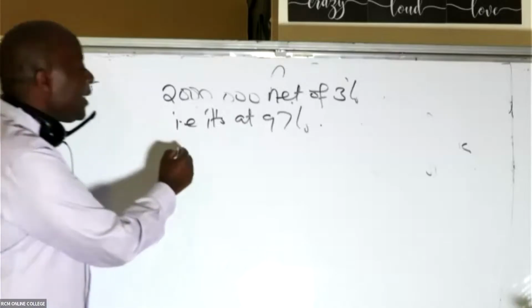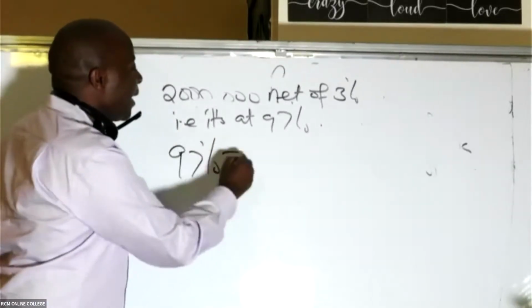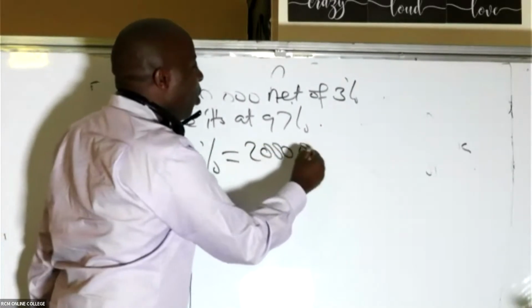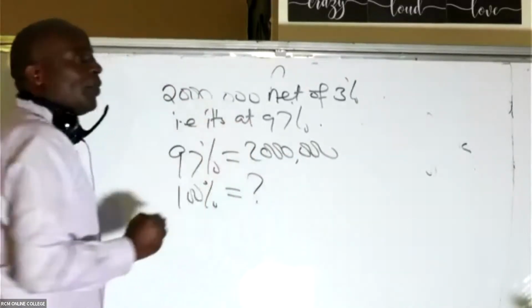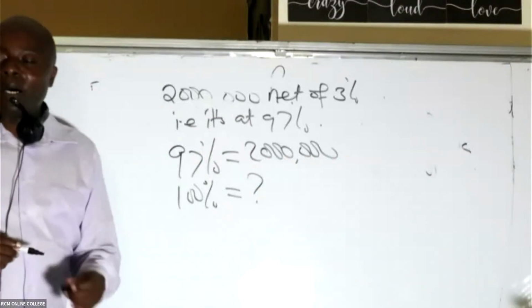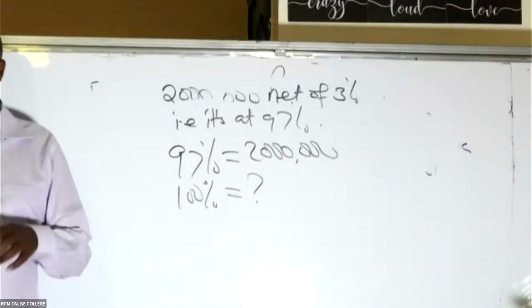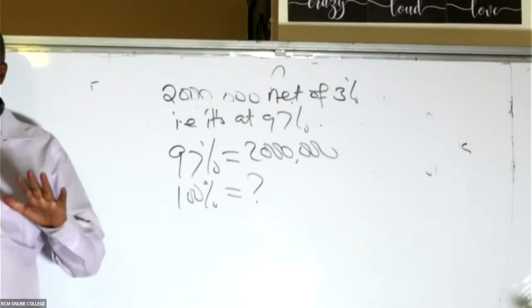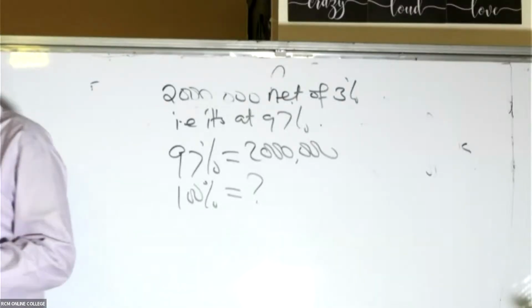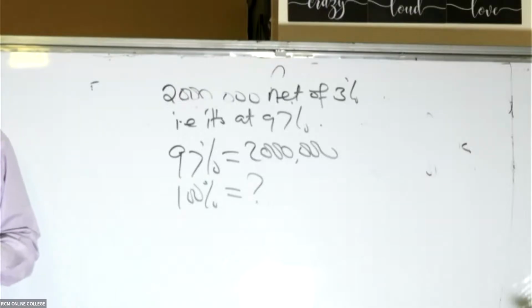So then if 97% equals 2 million, how about 100%? That's how it grosses up.